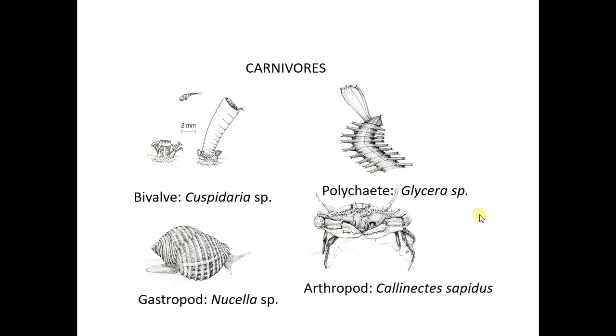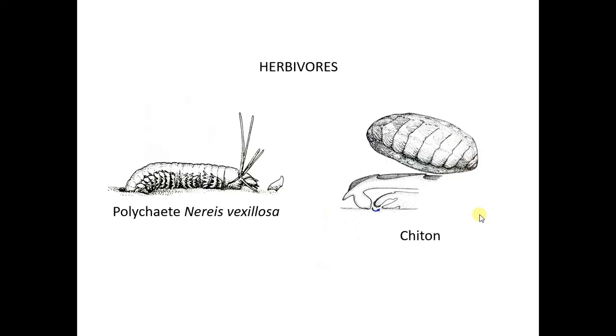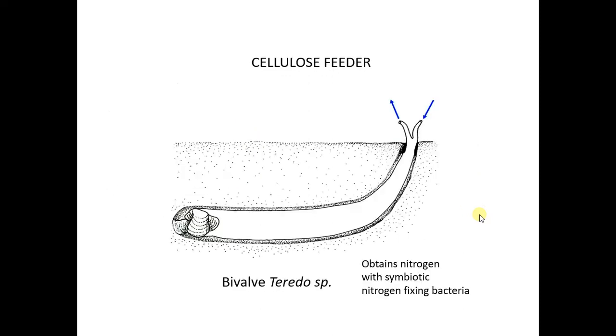You have the Cuspidaria, the Glycera, the Nucella, and the Callinectes, that is the crab. All these are carnivores. For the herbivores, you have the Nereis, Vexillosauria, and the chiton. Chiton is also a herbivore. Then you have the cellulose feeders.